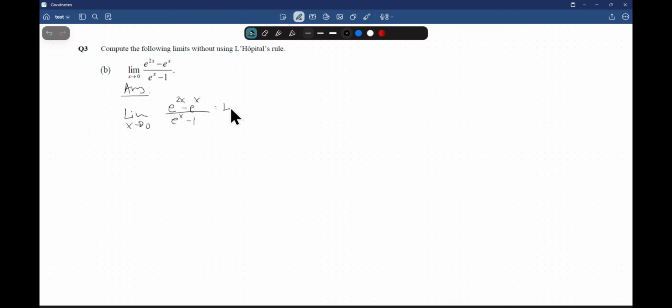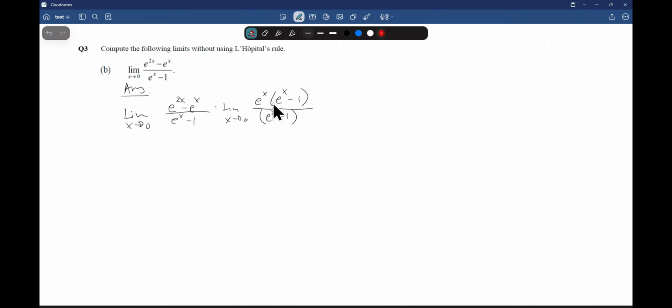This is the same as taking the common factor. In this case, the common factor is e to the power of x, multiplied by (e to the power of x minus 1), all over (e to the power of x minus 1).